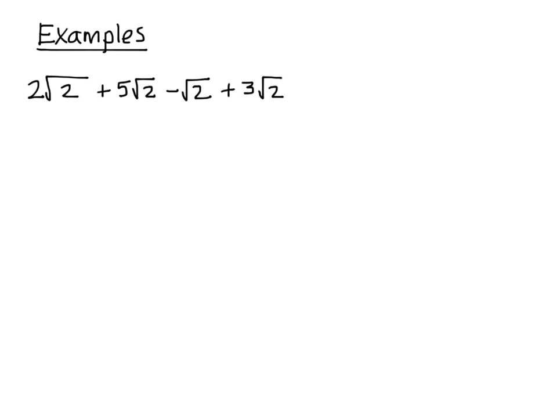Okay, so let's look at a few examples, and they'll get progressively more difficult. So basically, if they're all the same radical, we just add up those leading numbers as coefficients. So we say 2 plus 5 is 7, minus 1 is 6, plus 3 is 9. So this thing simplifies to 9 times the square root of 2.